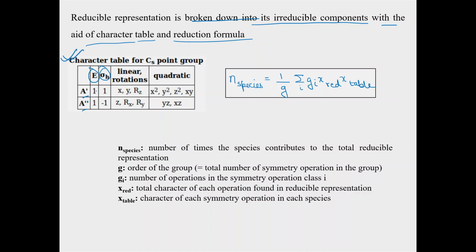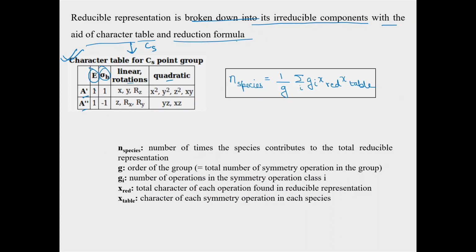A dash will have characters 1, 1, and A double dash will have 1 and minus 1. These are the linear rotations and quadratic notations. Cs is a very simple point group, so we can remember this.